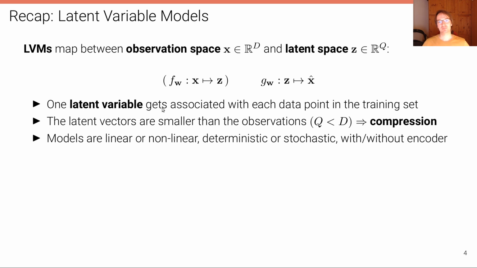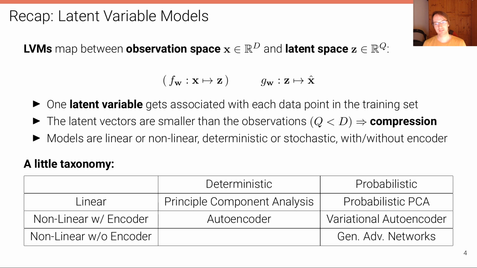One latent variable gets associated with each data point in the training set. That's why C's are called latent variables. The latent vectors are smaller than the observations, so Q is typically smaller than D, leading to some form of compression. And models are either linear or nonlinear, deterministic or stochastic, and they might have an encoder F or they might not have an encoder F.